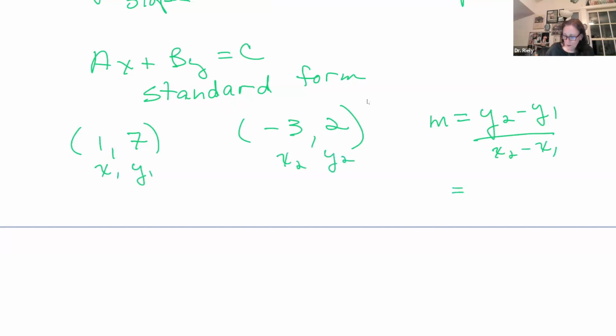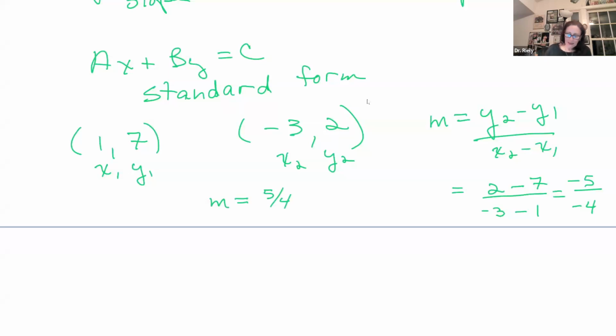So then your slope is going to be, the way I have it set up, 2 minus 7, and then I go back to my x2, and it's -3 minus 1. So that's going to be 2 minus 7 is a -5, and -3 minus 1 is a -4. So a negative over a negative is a positive. So you would say your slope is 5/4.